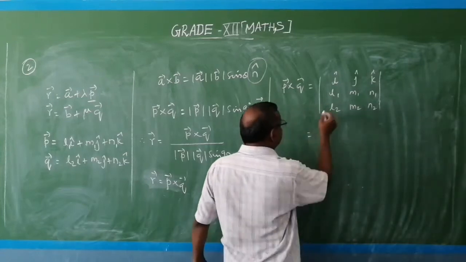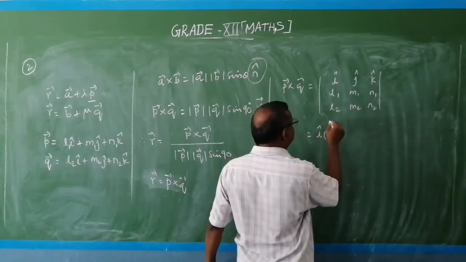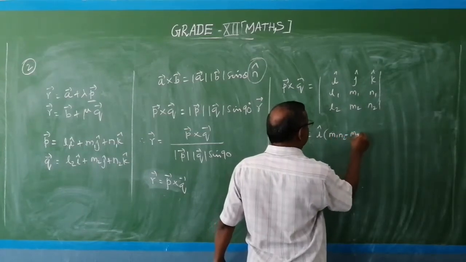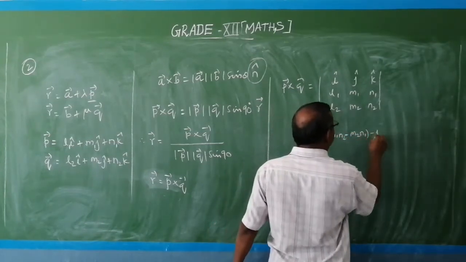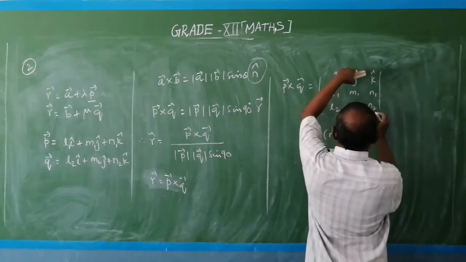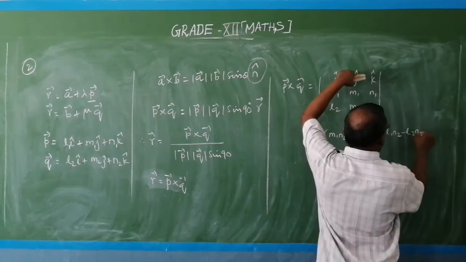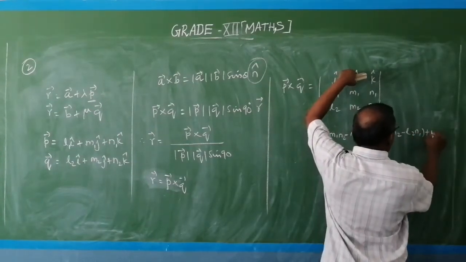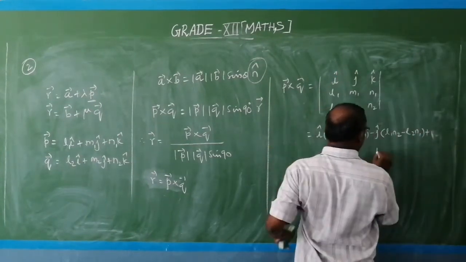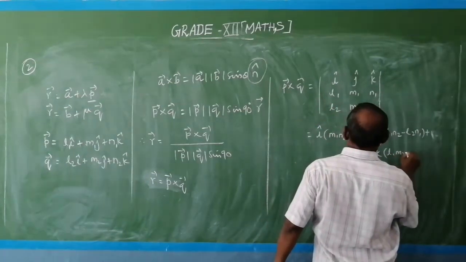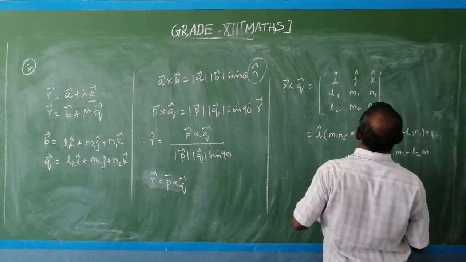Now expanding this: i cap into (m1 n2 minus m2 n1), minus j cap into (l1 n2 minus l2 n1), plus k cap into (l1 m2 minus l2 m1).